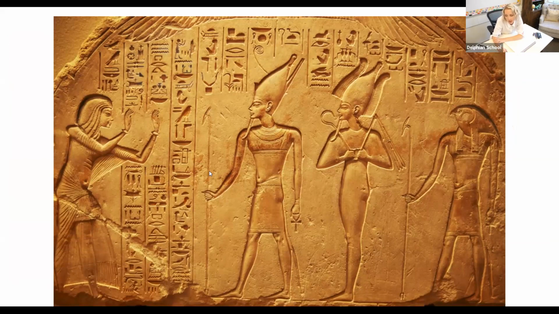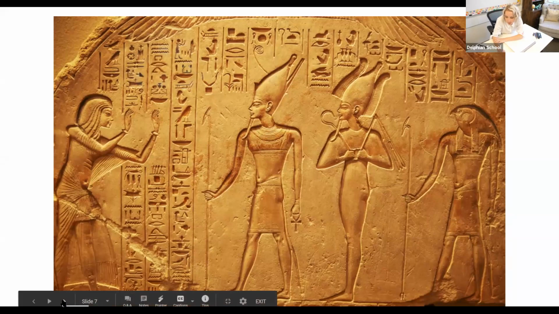They would write down how they thought they were going to go into the afterlife, and a story of how that was all going to work. And so there's a lot of writing on all the walls.